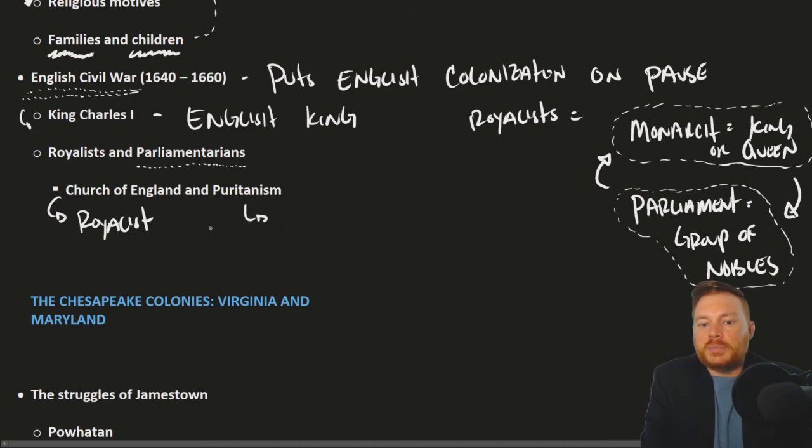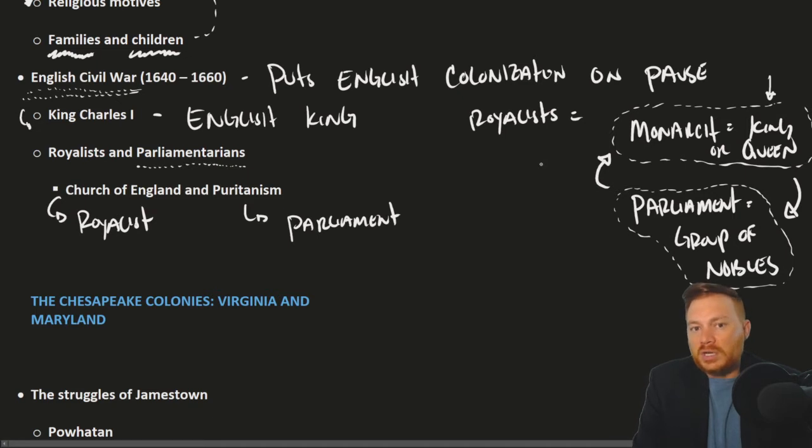Puritanism was much more favored by the Parliament. Again, this has to do with ideas surrounding the Protestant Reformation and religious belief. How much do you defer to authority? Recall that the Church of England, while it did break away from the Catholic Church, simply replaced the Pope with a king. And the Puritans said, that's really not good enough. You have to do more to get rid of church authority.